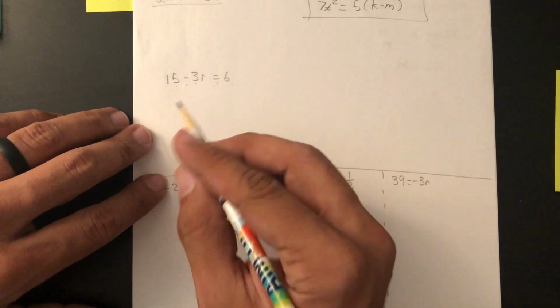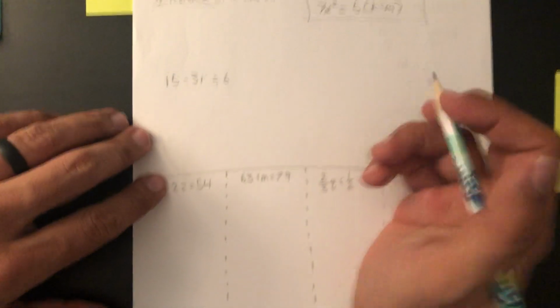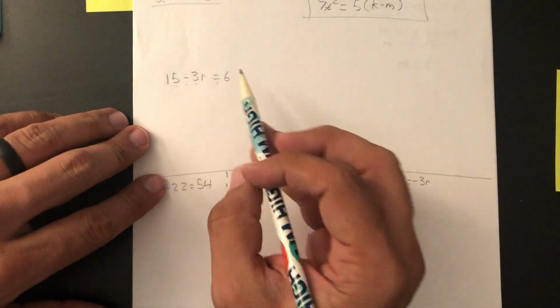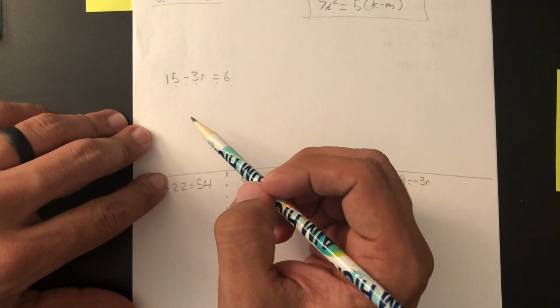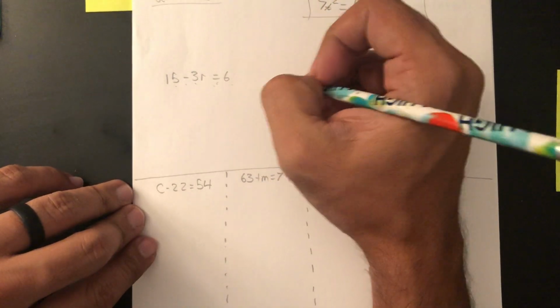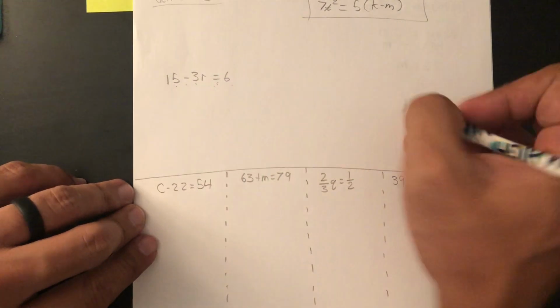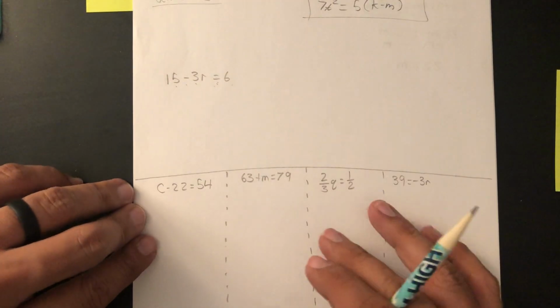You can say 15 subtracted by 3r is 6. Okay, so there's multiple responses here. What you're making sure here is that you're saying the numbers in the correct order. Okay, so that's the end result there. So you're just writing sentences describing this information here.